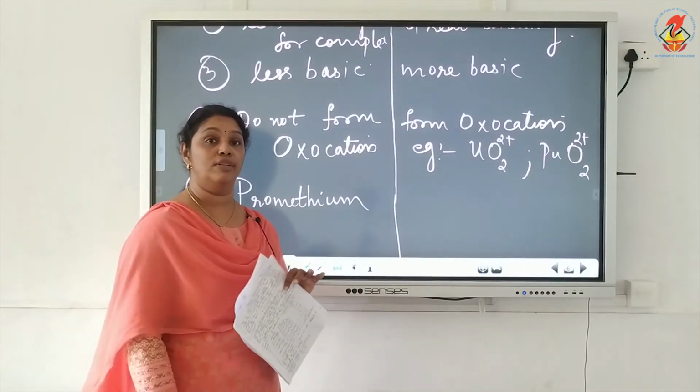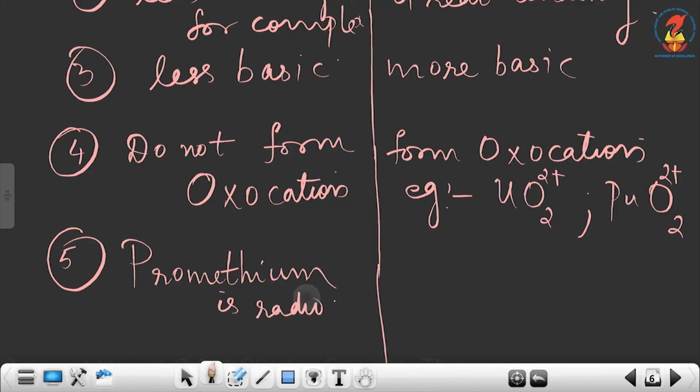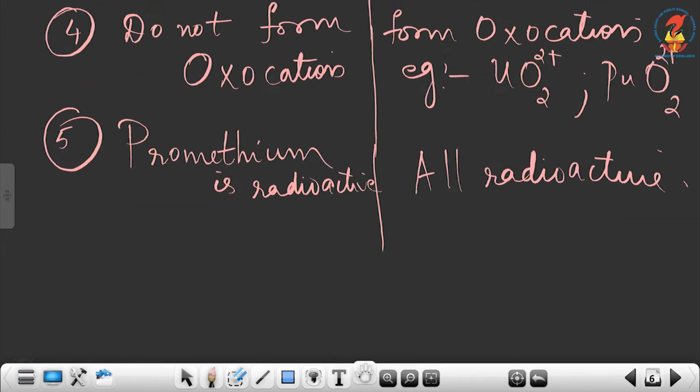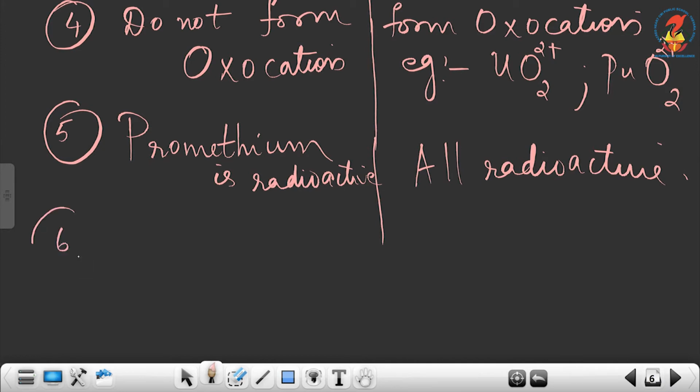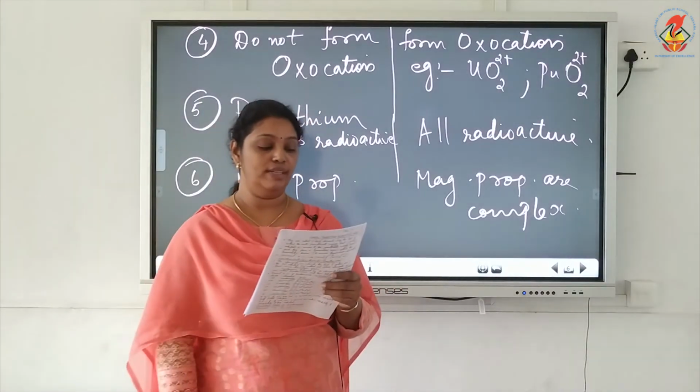So among the lanthanoids, the only radioactive element is promethium, whereas in actinoids, they are all radioactive. The next difference: the magnetic properties of lanthanoids can be explained easily, whereas the magnetic properties of actinoids are complex. So these are the 6 differences between lanthanoids and actinoids.